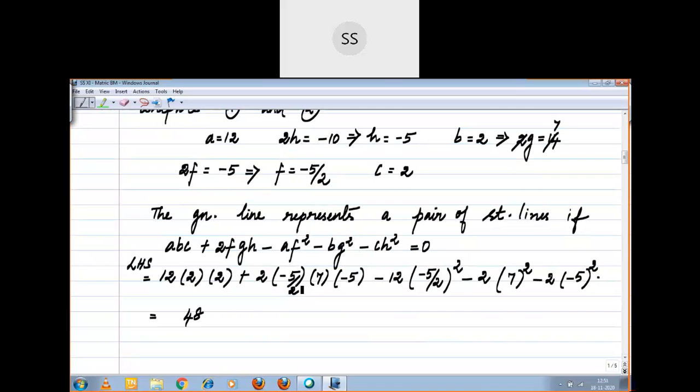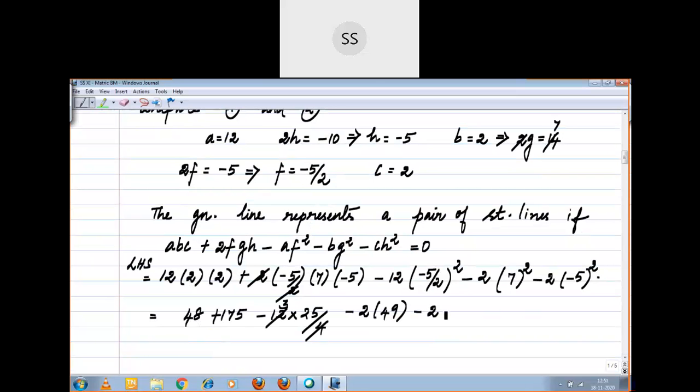equal to 12 twos are 24, 48. 2 cancel, 25 sevens are how much? 175, plus 175, minus 12 into 25 divided by 4, which is minus 75.